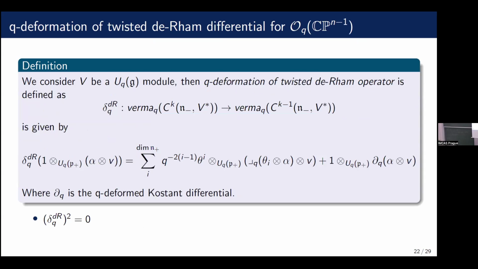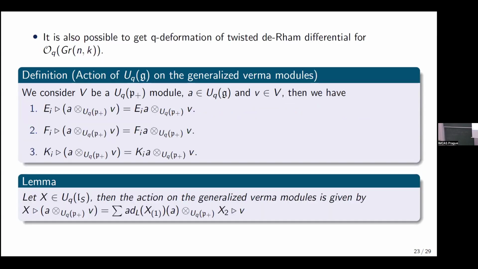C lambda: I haven't defined it for C lambda because I defined it for the general V. C lambda is a one-dimensional model.